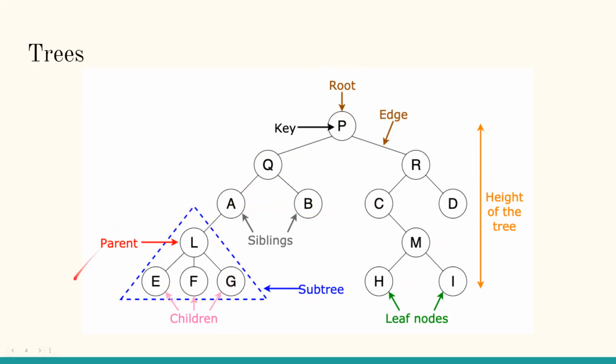An important thing to note is that a tree is basically made up of subtrees. So here, this is a subtree. You can take L, Q, A, L, B as a subtree. You can take R, C, D as a subtree. What this means is that fundamentally trees can be traversed recursively, since you can break up your whole problem into mini problems, and they're all solved the same.